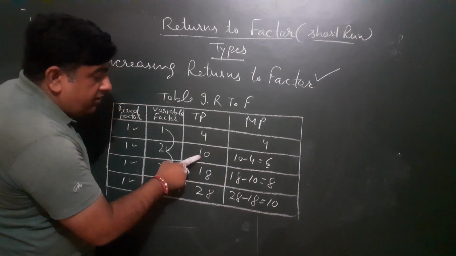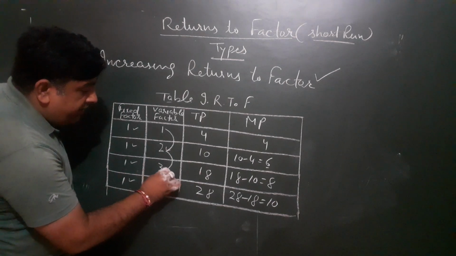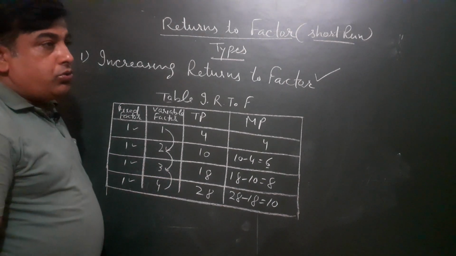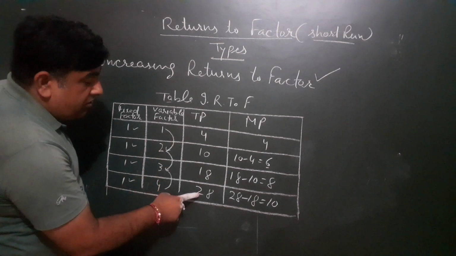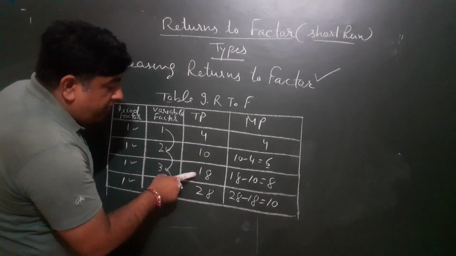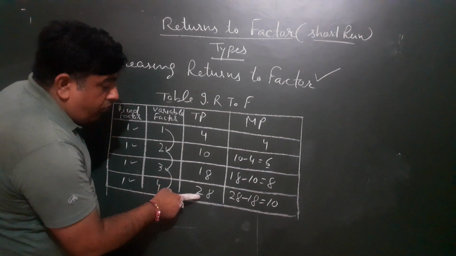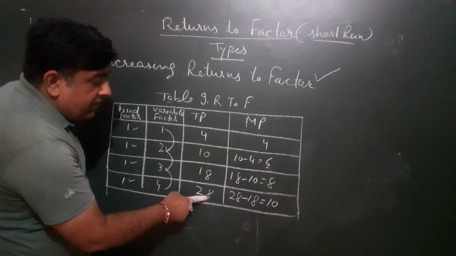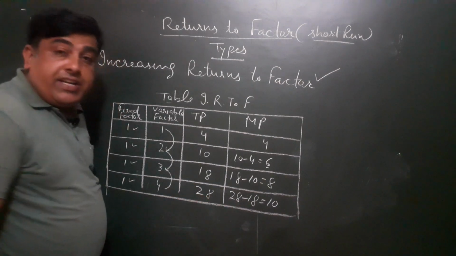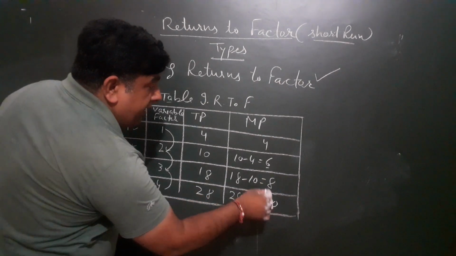In the same way, when the fourth unit is used with the constant factor, the total production will be 28. The previous one is 18 and the new one is 28. The difference between 28 and 18 will be 10.